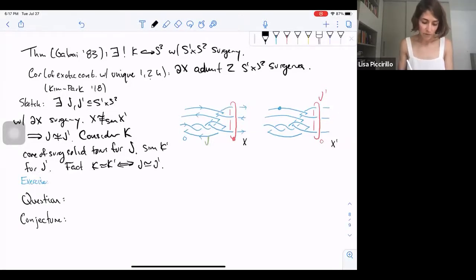And finally, you want to observe that K and K prime both have S1 times S2 surgeries, because K is the core of the surgery solid torus that you stuck in some funny way along J. Cutting out the neighborhood of the core is just cutting that surgery solid torus right back out, and you can put it back in the normal way, and that'll get you back to S1 times S2.